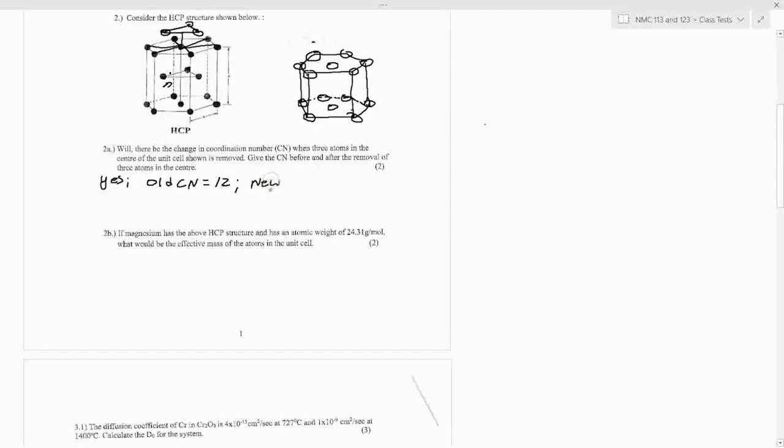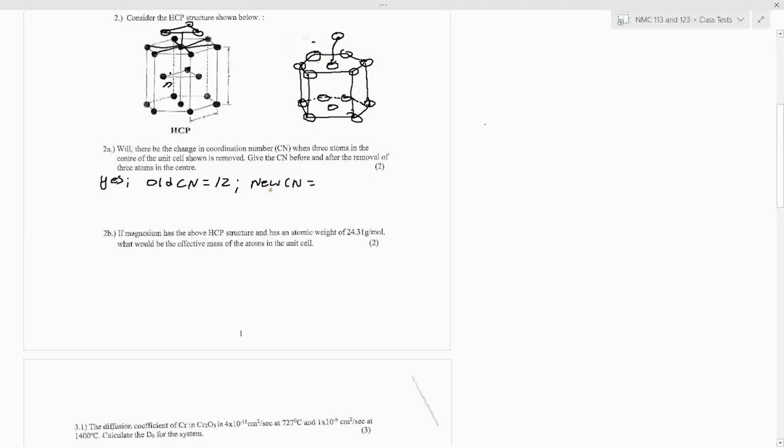The new coordination number after the removal: at the top, the subsequent basal atom will touch this one.